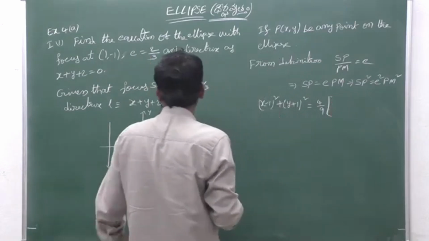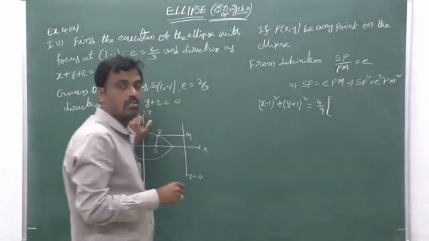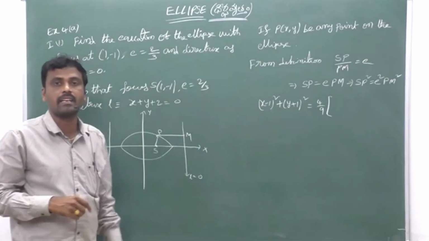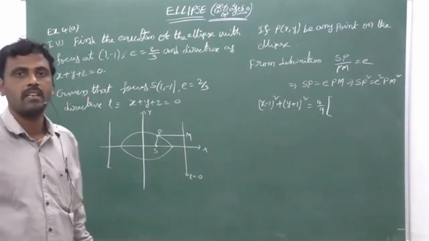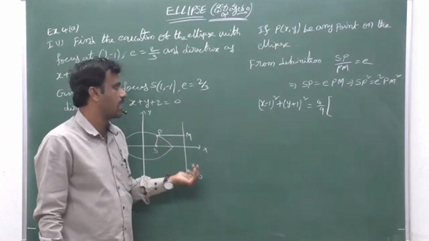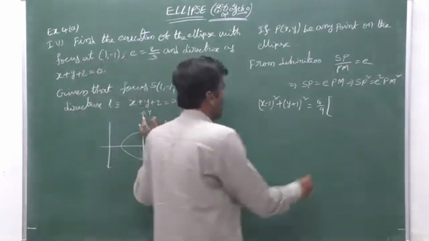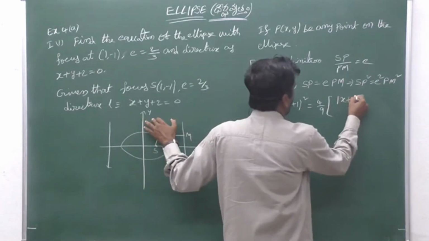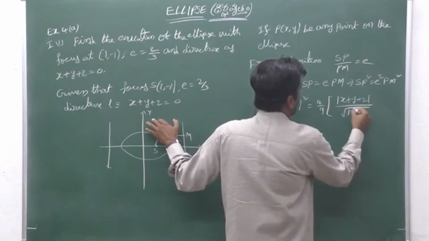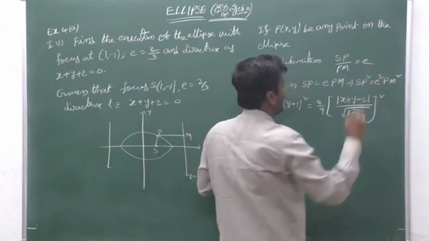PM square means the perpendicular distance from point P to the line, that is, the perpendicular distance from P to the directrix. That is modulus of (x plus y plus 2) by root of a square plus b square.